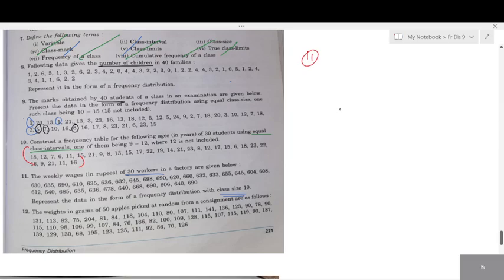Class size is nothing but, in the previous question we took 9 and 12, right? What was the class size for this? The class interval was 3. But here the class size should be 10. Okay.